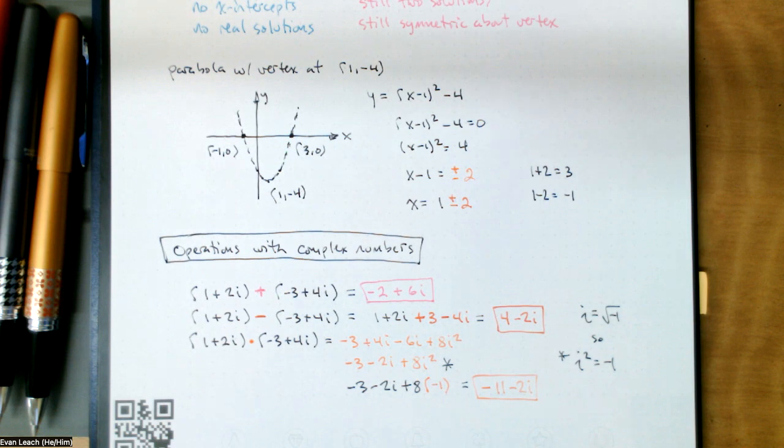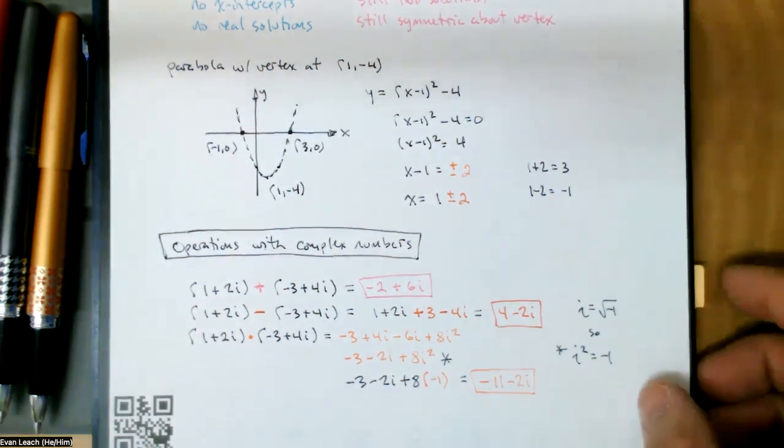So our product is another complex number. Got another operation.